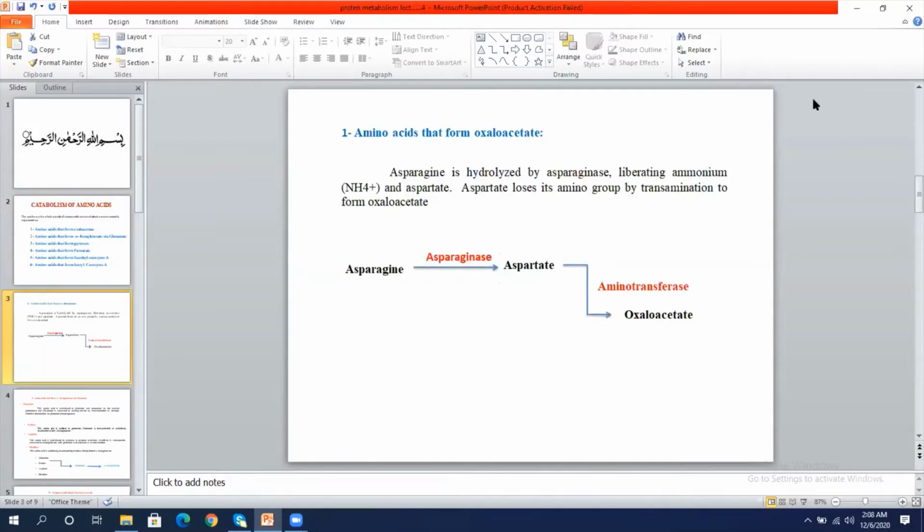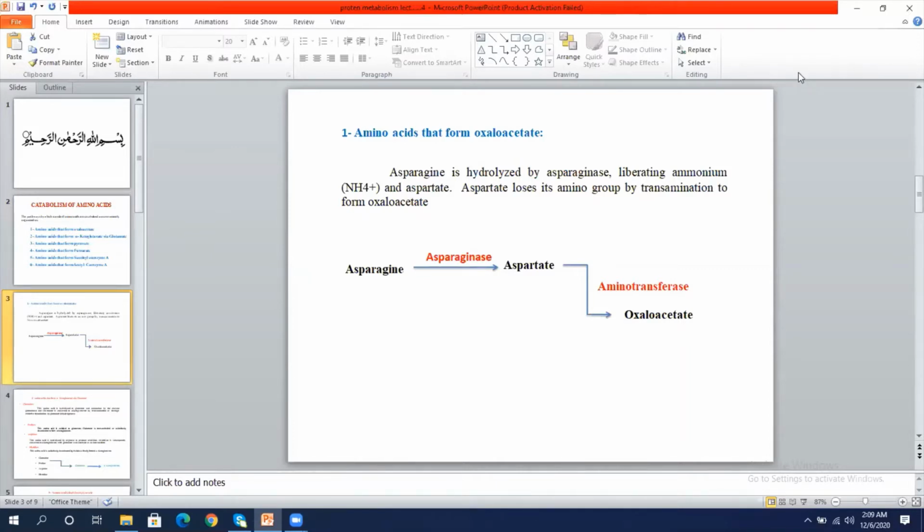The first way, in which amino acids form oxaloacetate, is asparagine. Asparagine is an amino acid which is hydrolyzed by asparaginase, liberating ammonium and aspartate. Aspartate loses its amino group by transamination to form oxaloacetate.